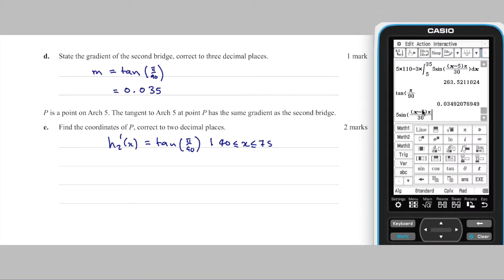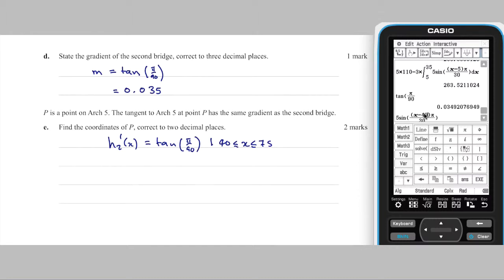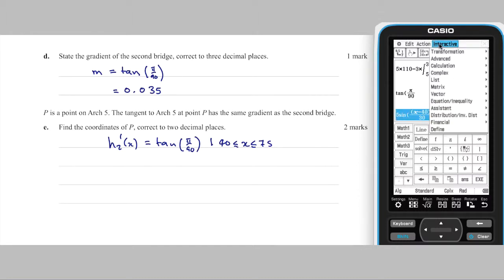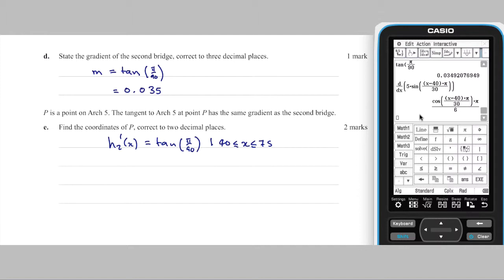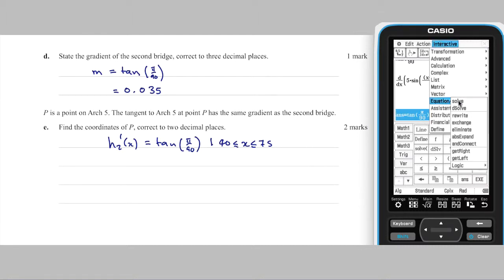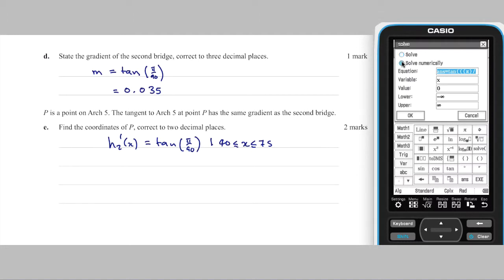I'll change the function from the first arch to the second arch by changing the 5 to 40, and now we can differentiate. This answer will be equal to tan pi on 90. And now I'll solve this equation. I want a 2 decimal place value, so I'll use a numerical solver, and I want the solution between 40 and 75.